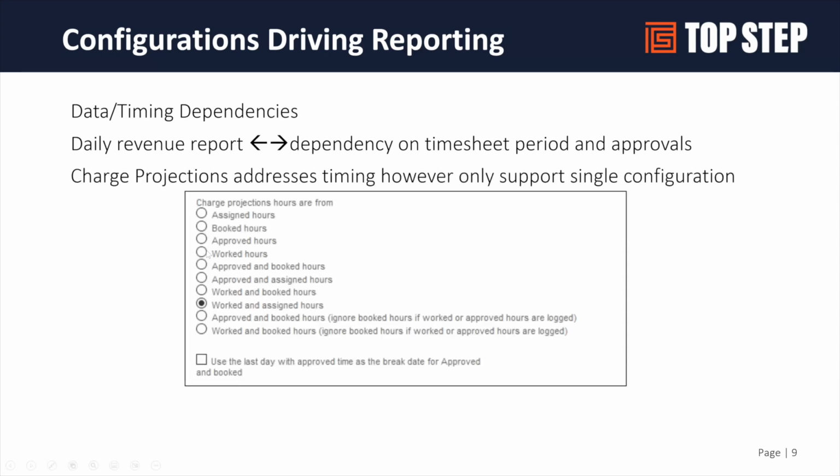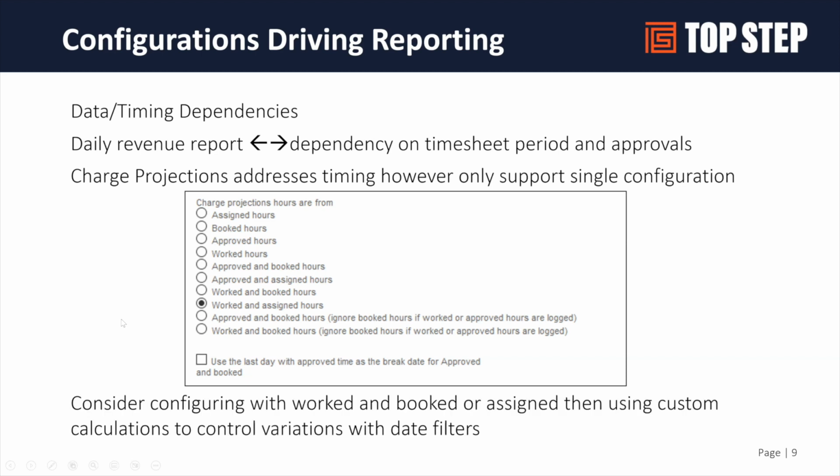You can always use charge projections, and you need to think about that as well, as what dating, what do we set the charge projections up, what are the date parameters we need to think through there, and what data are we looking at. Using worked and booked or assigned, but then you can create custom calcs using the charge projections. There's also date filters inside of reports that can help you date charge projections.